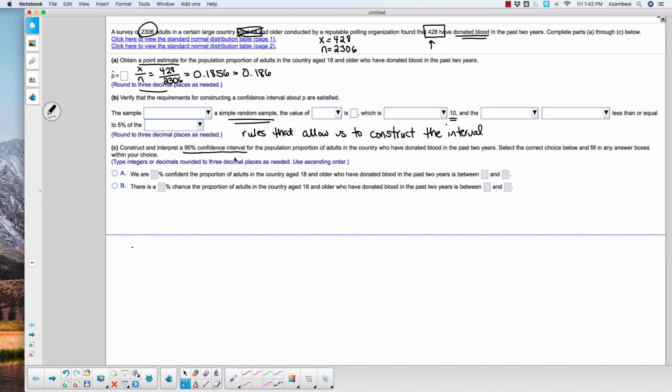If you're using your calculator method, in order to calculate it, you would use stat and then tests.